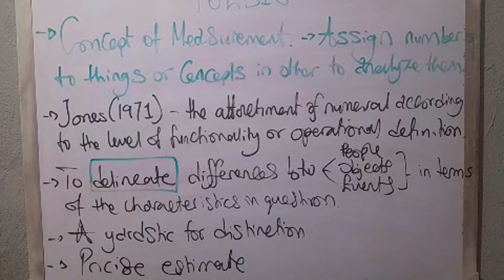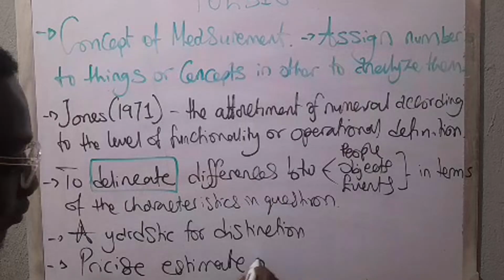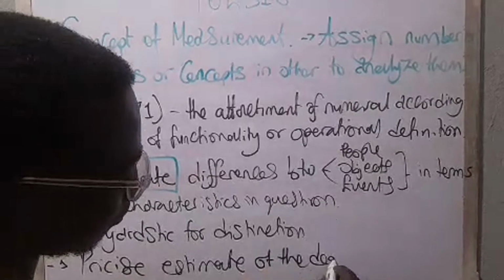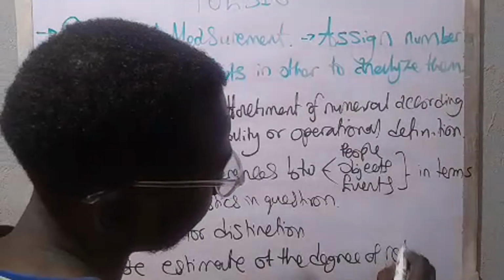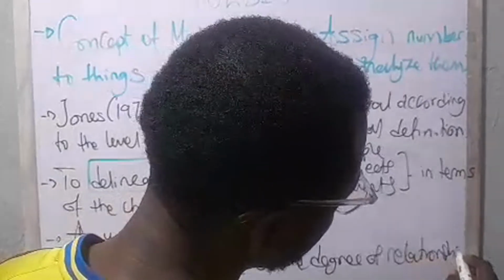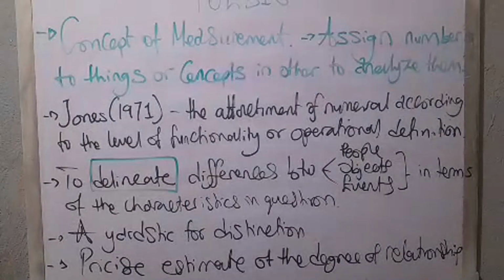So by a level of measurement, you get the basis, the foundation for which an estimate can be made in order to determine the relationship between concepts.